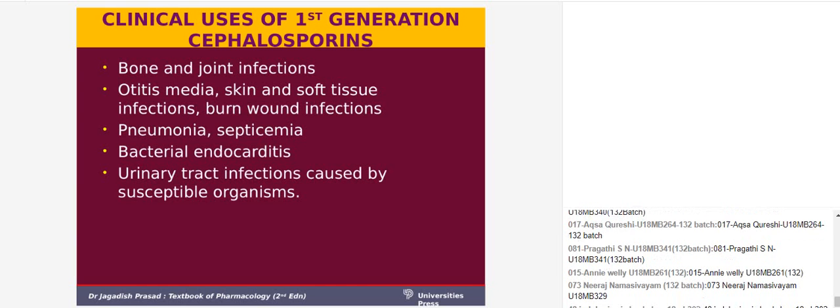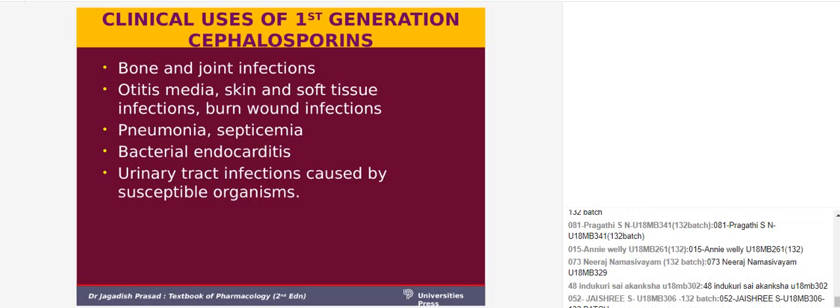Similarly, they cannot be used for empirical therapy for nosocomial infections, as they provide inconsistent coverage of gram-negative organisms. The first generation cephalosporin is the preferred agent for perioperative prophylaxis because of its longer half-life. So an MCQ asks which drug is used as prophylaxis.